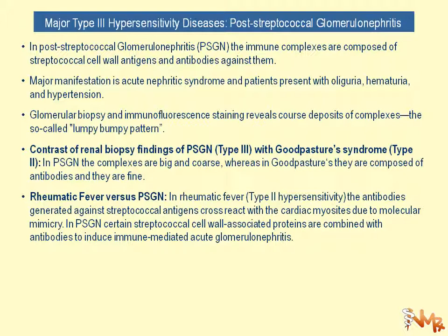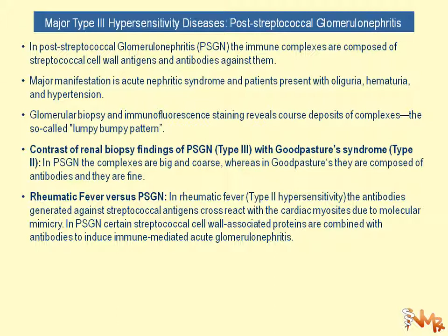It is also important to compare and contrast rheumatic fever and PSGN because both of these conditions are a consequence of Streptococcus pyogenes infection. In rheumatic fever, which is a type 2 hypersensitivity, the antibodies that are generated against the streptococcal antigens cross-react with the cardiac myocytes. This is, as we said earlier, due to molecular mimicry, that the epitopes of the myocytes resemble the M protein of the Streptococcus pyogenes.